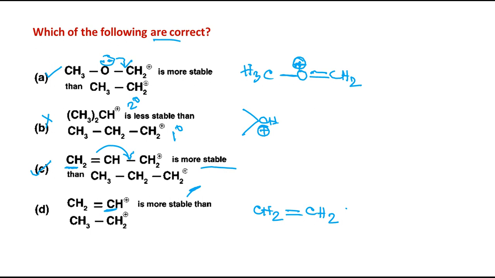When you break any C-H bond, you get this carbocation, and breaking this bond is difficult compared to the parent compound from which you can generate the other one. So here this carbon is sp3, this carbon is sp2, and breaking the C-H bond is difficult. That means this carbocation is not stable.